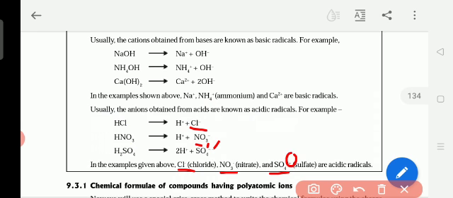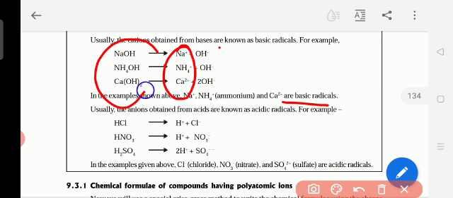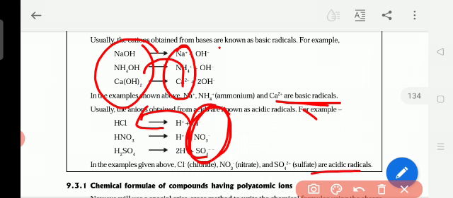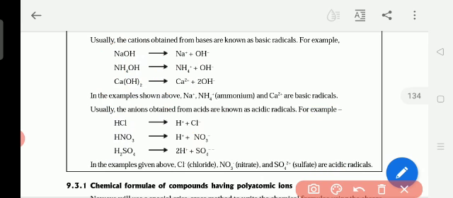It is wrong to write 2 plus; correct it: not SO4 2 plus, it is SO4 2 minus, sulfate. All the positively charged radicals from bases are basic radicals, and all the negatively charged atoms from acids are acidic radicals. In a compound, the presence of OH tells us it is a base, and the presence of H tells us it is an acid. Thank you students.